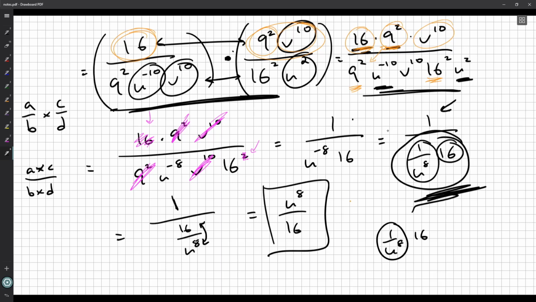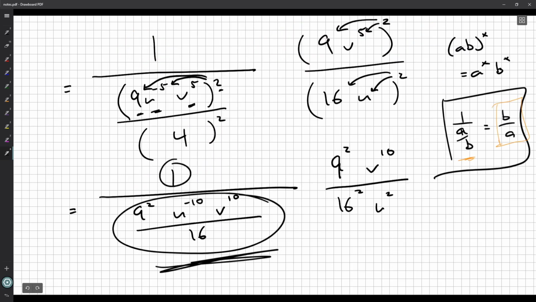And this is a great trick in math: we can rewrite all whole numbers as fractions. What's the difference between 16 and 16 divided by 1? So it's another sort of shortcut, just like the 1 over a fraction flip things. If I see a over b times an integer c, it's just ac over b. It's sort of another quick thing.